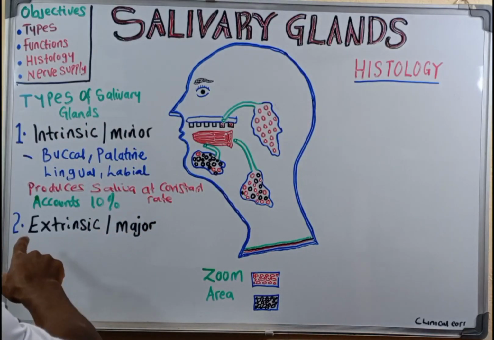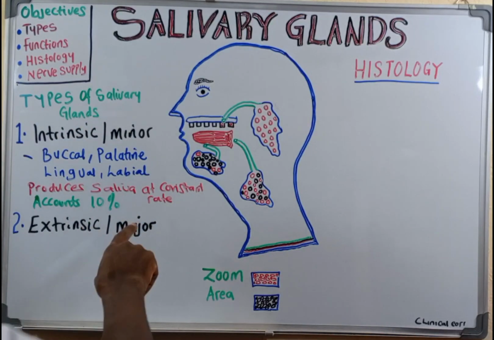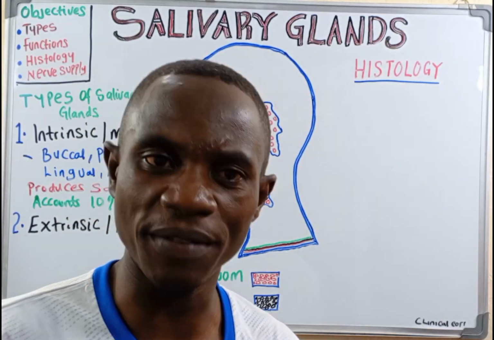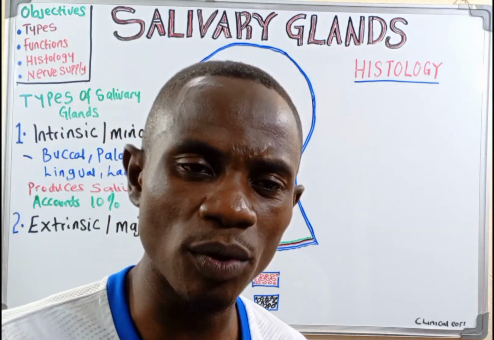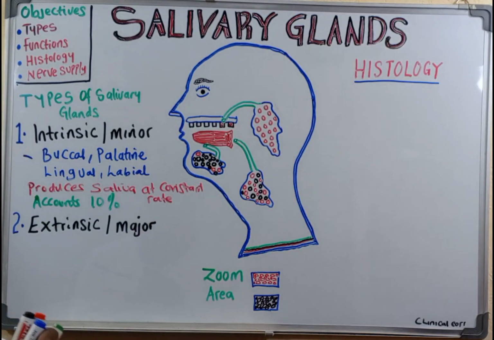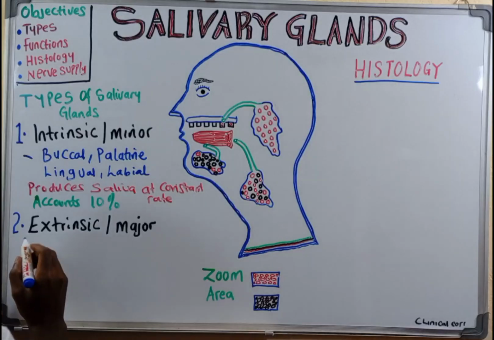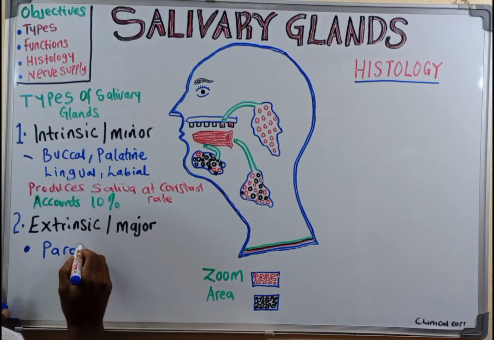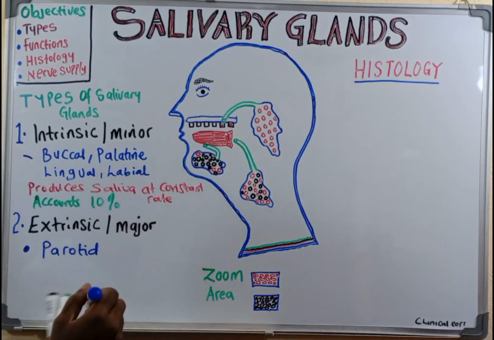Now let's see the examples of the extrinsic, or major, salivary glands that are outside the oral cavity. The following are examples of the extrinsic salivary glands. The first one is the parotid salivary gland.